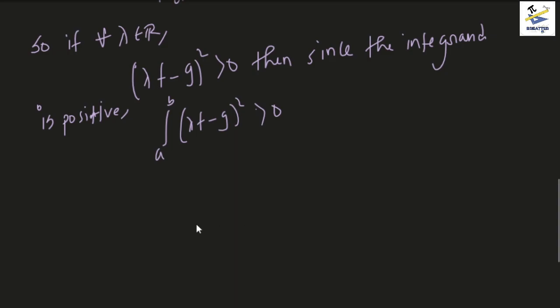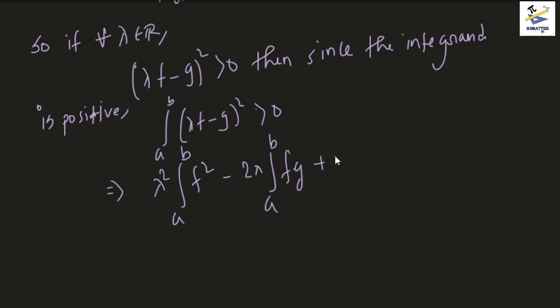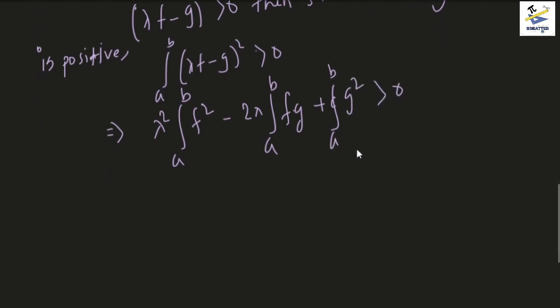Now since this happens, we understand that this has no real solutions, and if you expand it, it is basically lambda square into the integral of f square minus 2 lambda times the integral of f dot g plus the integral of g square greater than 0. And obviously, since this equation has no real solutions, its discriminant must be negative, right?